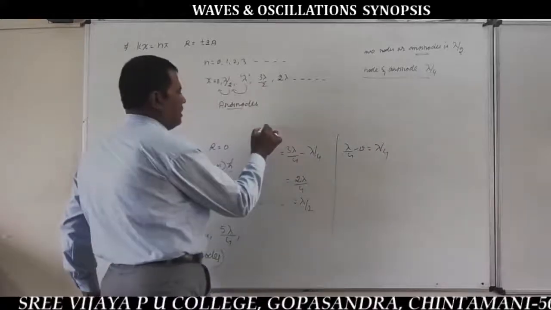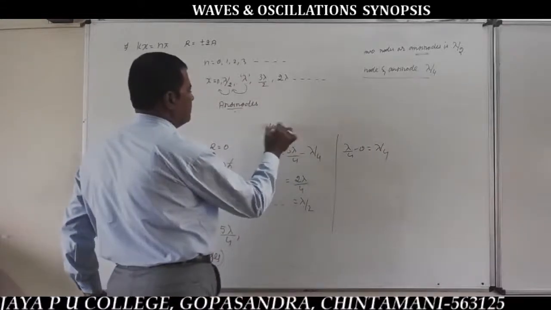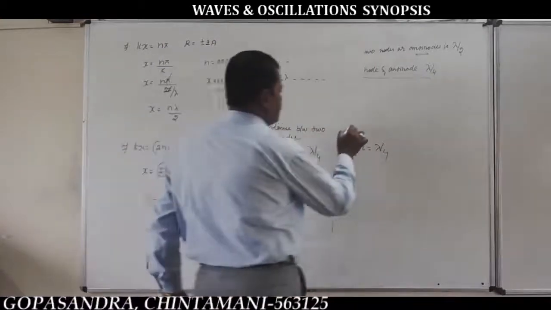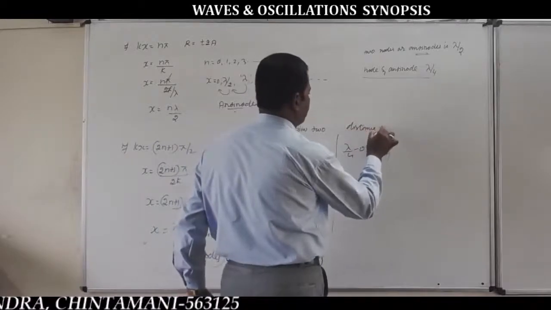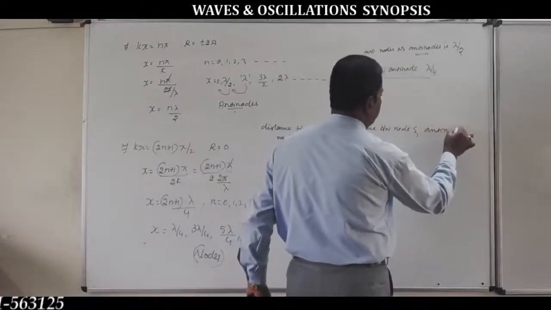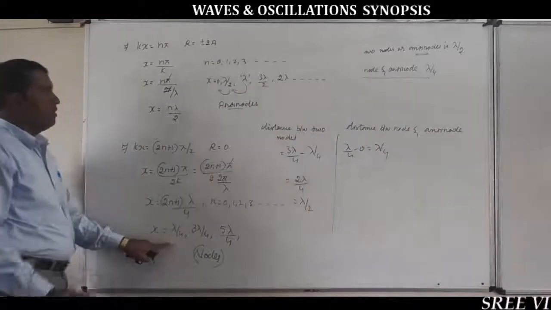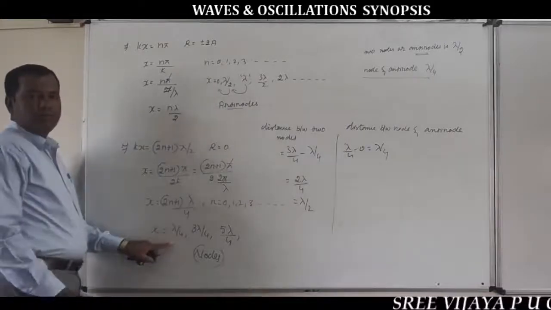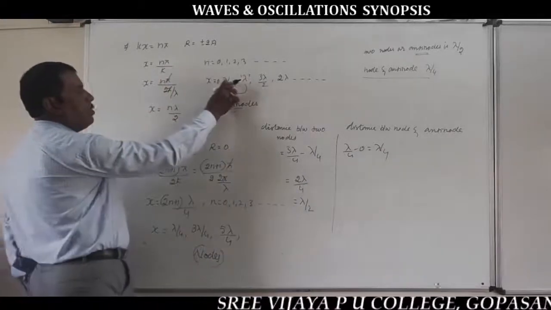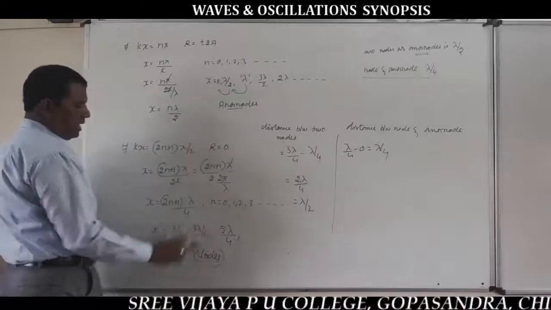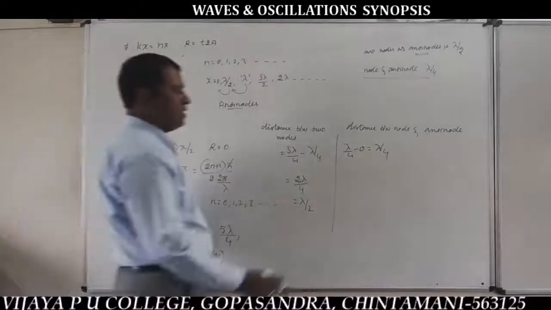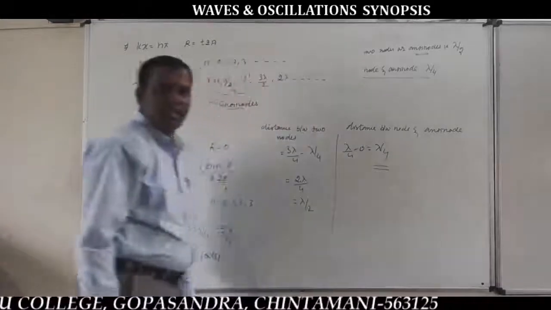This is the distance between node and antinode, lambda by 4 minus 0. It is lambda by 4. And once again at lambda by 2 you are having an antinode. At 3 lambda by 4 you are having a node. So once again when you take the difference you get the distance between node and antinode as lambda by 4.